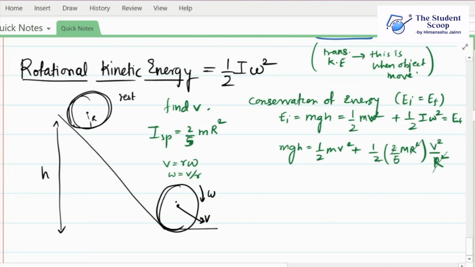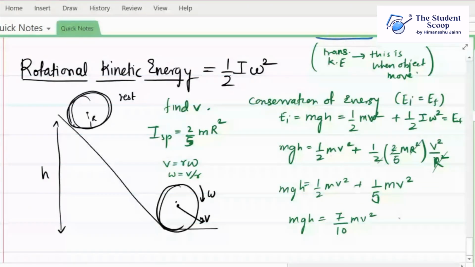I will get half mv square plus half 1 by 5 mv square is equal to mgh. And we will get this as mgh is equal to 7 by 10 mv square. Solve the fraction, which will give us v equal to, you can cancel out the m on both sides, the square root of 10 by 7 gh as our velocity.